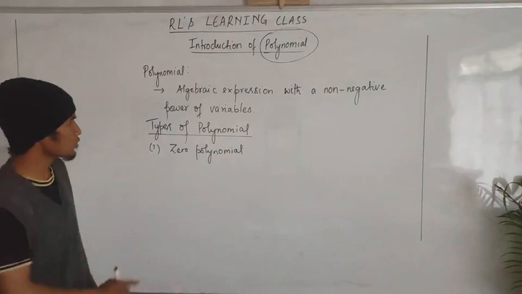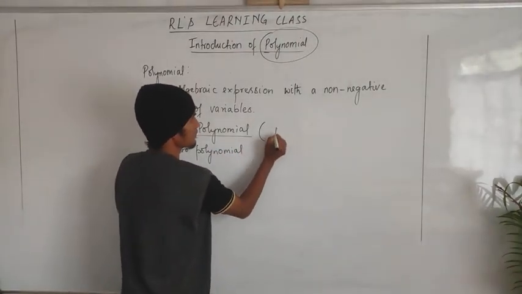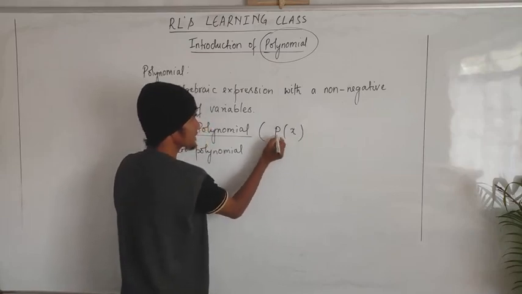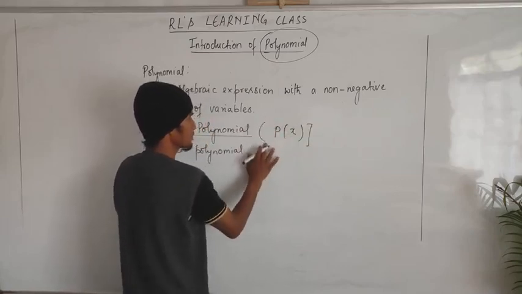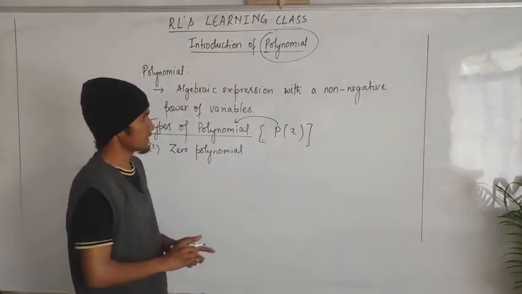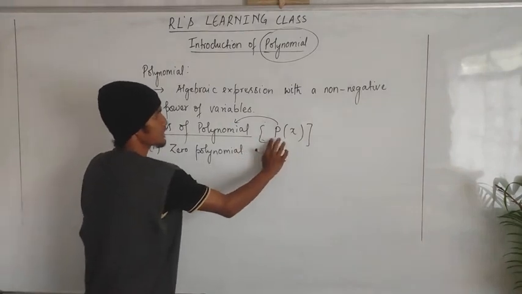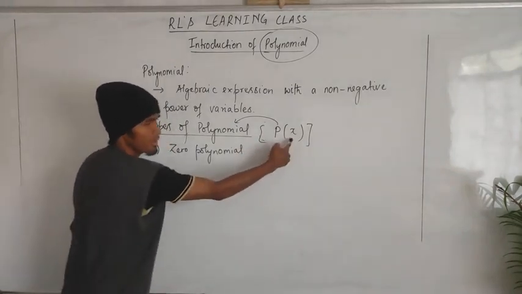Remember, a polynomial is always written in this form: p of x. This p stands for polynomial, and this x is the variable. P of x means polynomial of variable x.